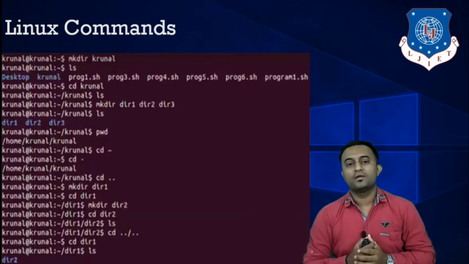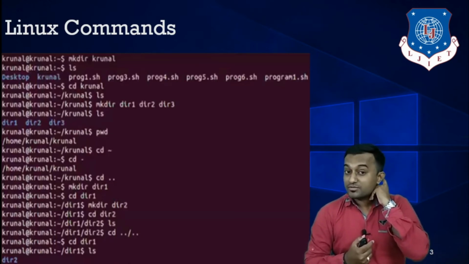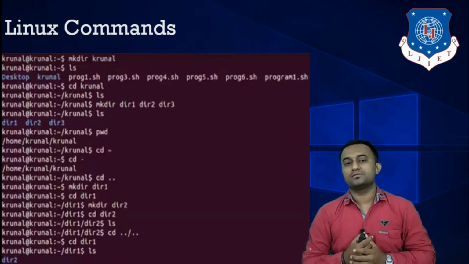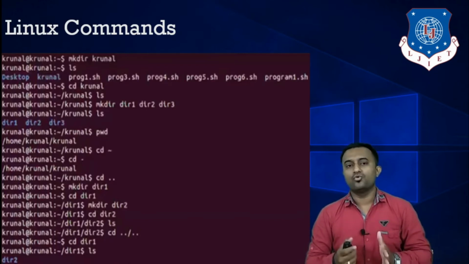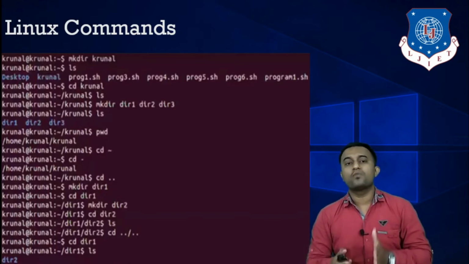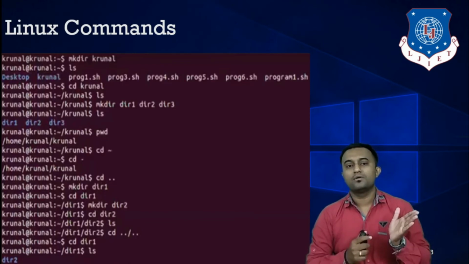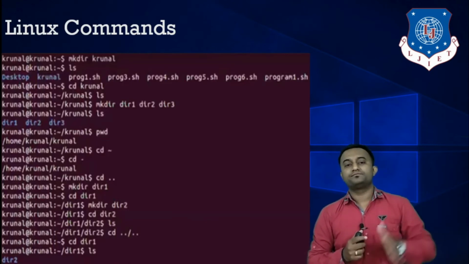Then you can fire the ls command to observe it. If I want to go one level up, I need to use cd space dot dot. But if I want to go 2 levels up, it means not only the previous directory but the previous to previous directory.